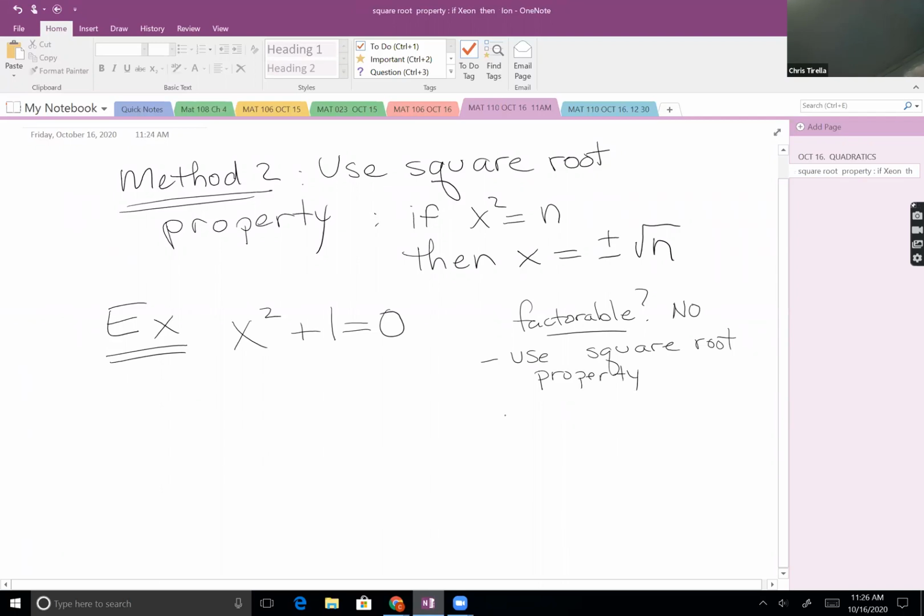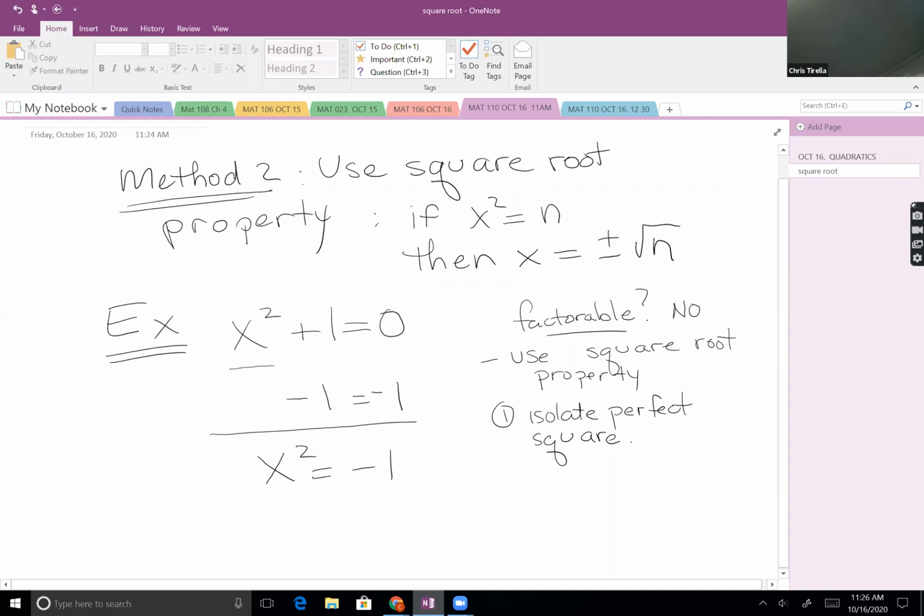In order to use the square root property, the first thing that I want to do is isolate the perfect square. As I look at this, I'm going to isolate that x squared. To get that alone, I'll subtract 1 from both sides. And that gives me x squared equals -1.